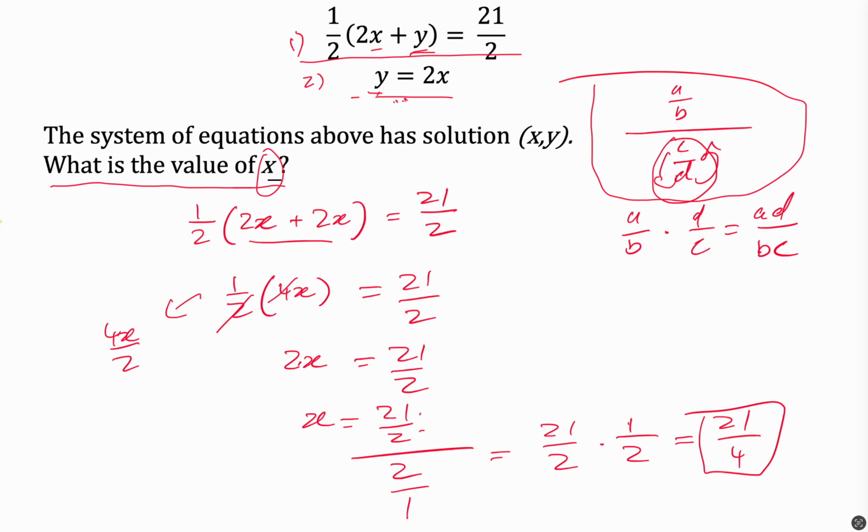This may be tricky for someone, so you need to refresh your memory on how to divide a fraction. 21 over 2 divided by 2 is basically 21 over 4. Dividing a fraction is a little bit tricky. You need to refresh your memory if you don't remember the concept. Okay. So that's how I would tackle this problem.